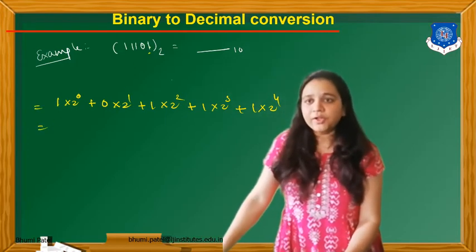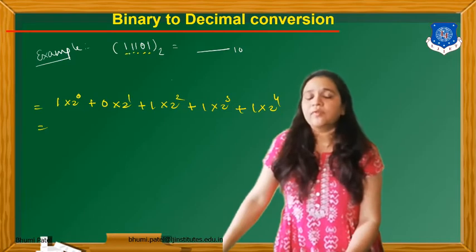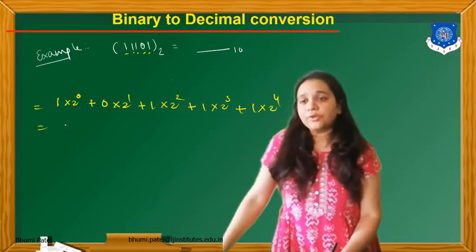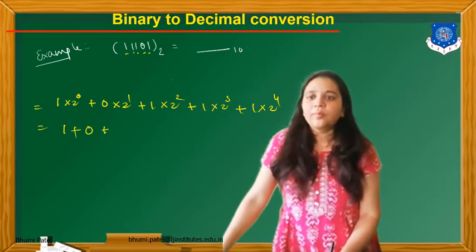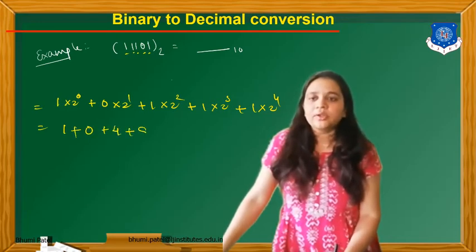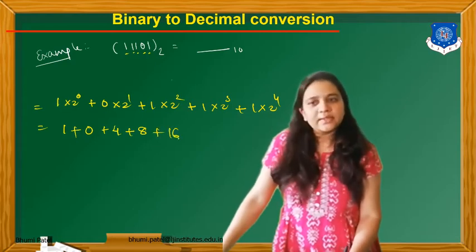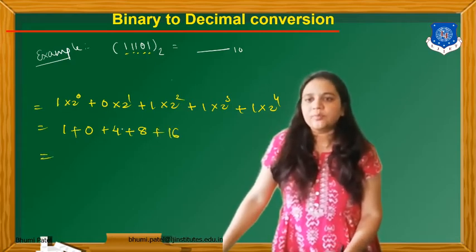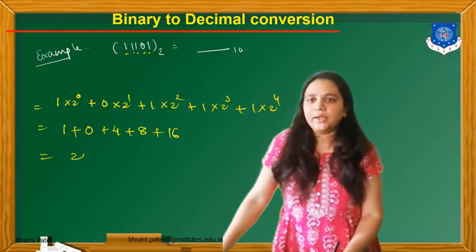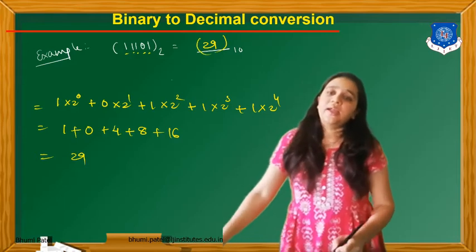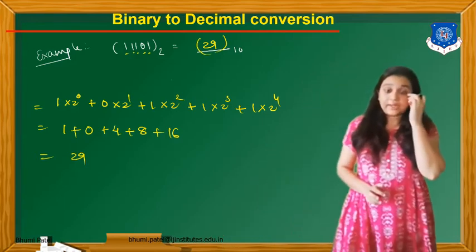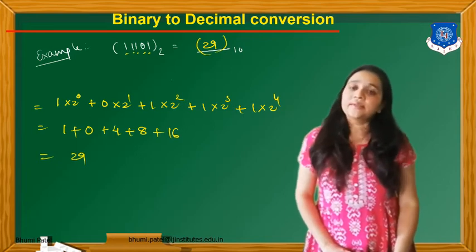So that is 1 plus 0 plus 4 plus 8 plus 16. 16 plus 4 is 20, 28, and 29. So the binary to decimal conversion is (11101) base 2, which is equal to the decimal number 29.